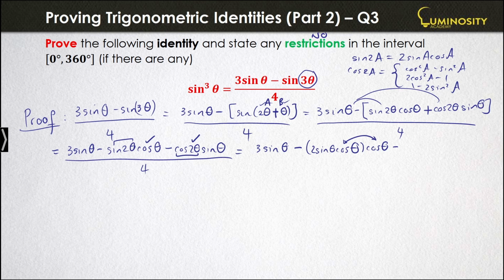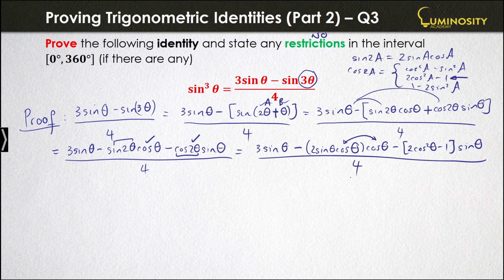So that might help us. I'm going to choose this middle one here because that's got a cos squared only. So cos 2 theta is the same as 2 cos squared theta minus 1. And then that's also being multiplied by sine theta on the outside, all divided by 4.